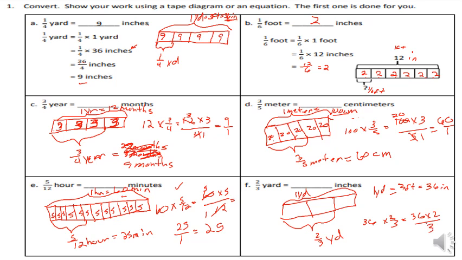And I know 3 goes into 3 one time. 3 goes into 36 12 times. And I have 12 times 2, so I'm going to have 24 over 1, which equals 24. So I know 2/3 of a yard equals 24 inches. And since it's divided by 2 units, I know this would be 12, 12, and 12. And 12 times 3 would be 36, so it checks again.